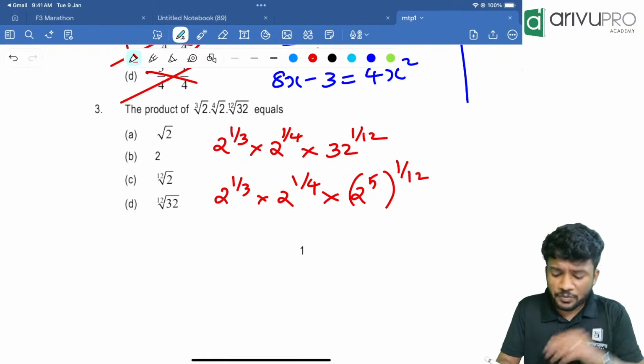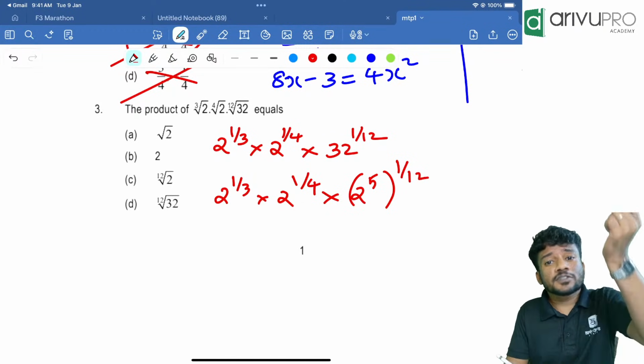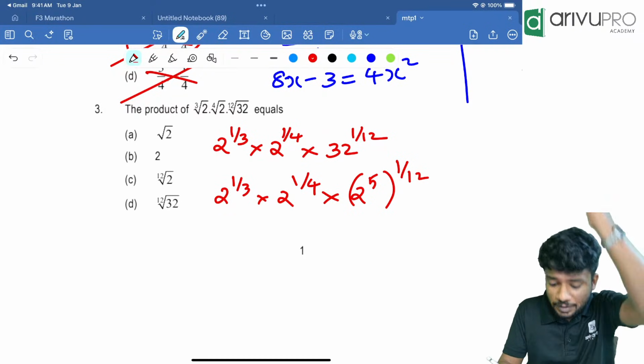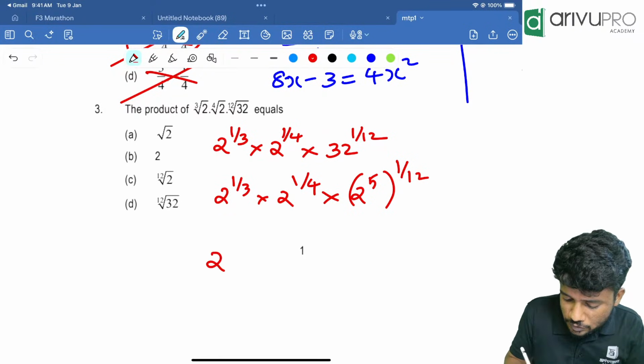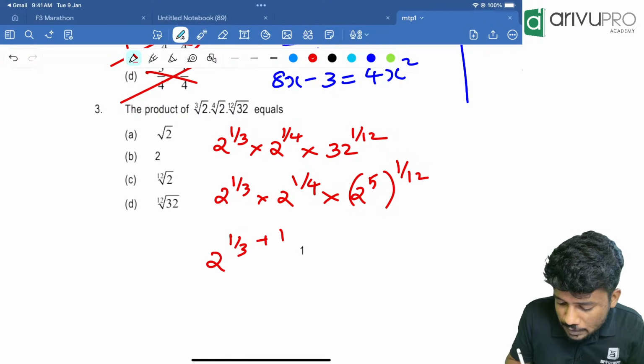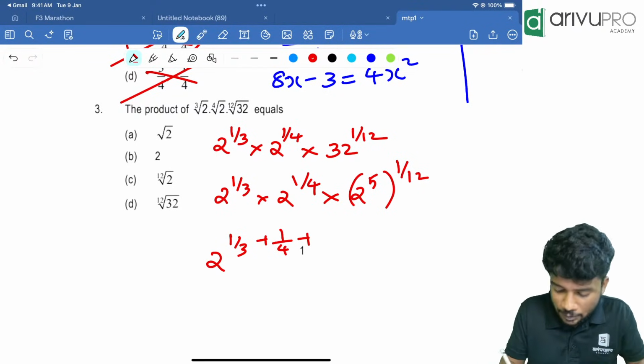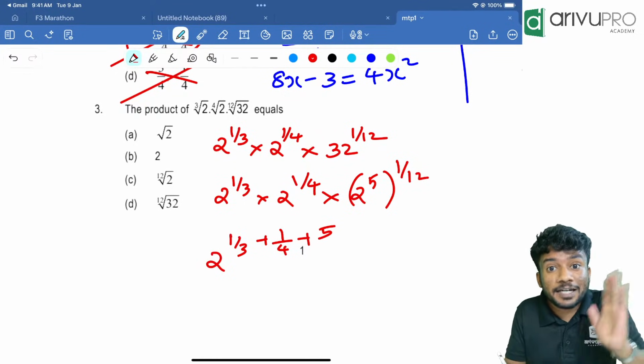Now, a raised to x into a raised to y into a raised to z is a raised to x plus y plus z. That means 2 raised to 1 by 3 plus 1 by 4 plus 5 into 1 by 12, that is 5 by 12.